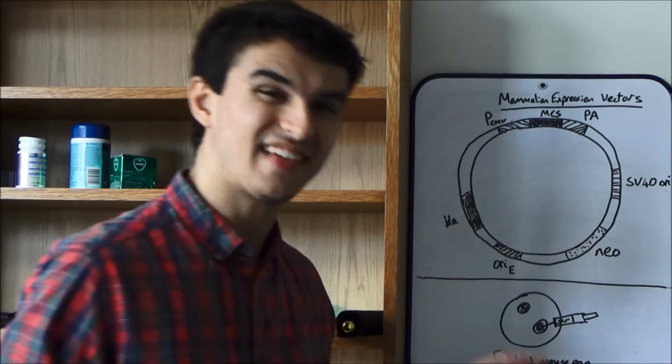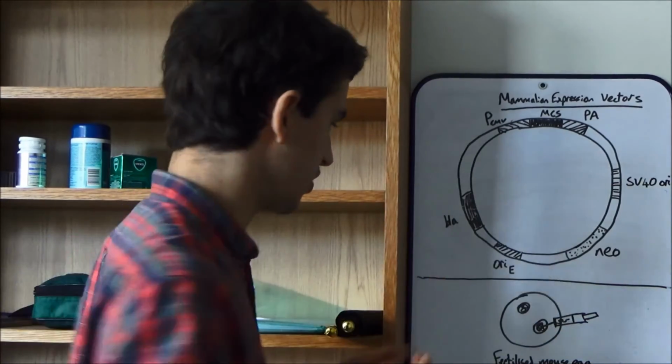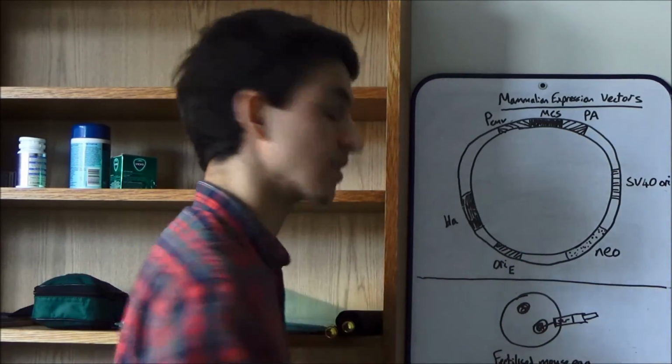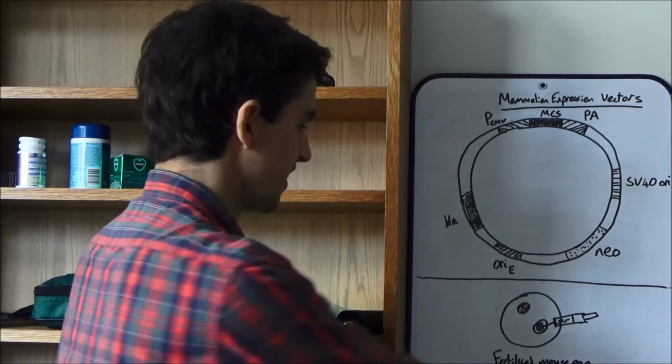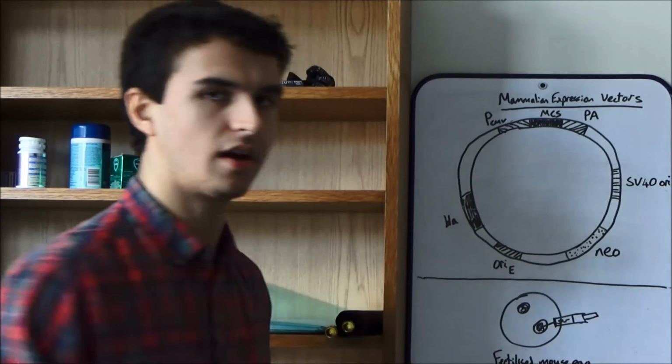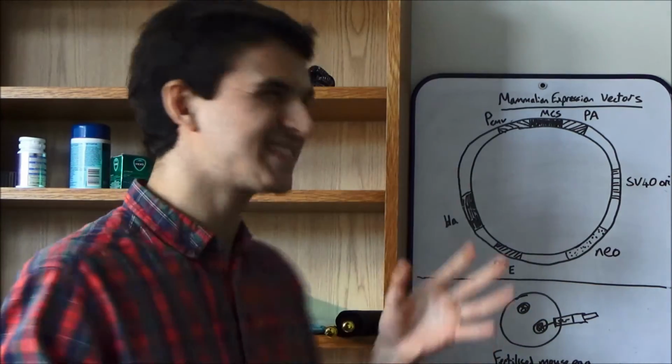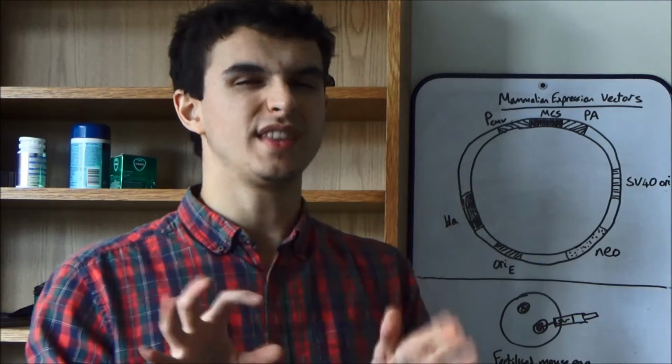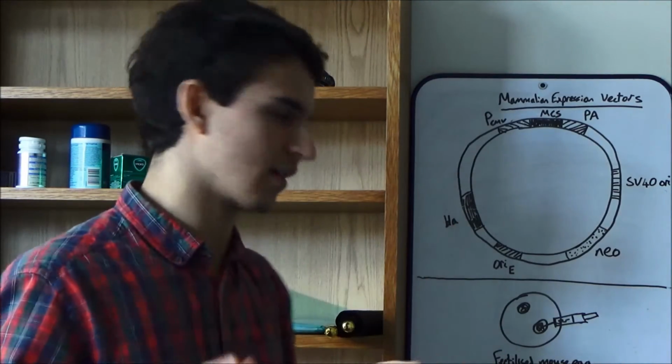Then, hopefully, fingers crossed, the DNA that we've inserted will be integrated into that pronucleus's chromosome. Around 10 to 30% of the time, this will happen, so it's relatively okay.